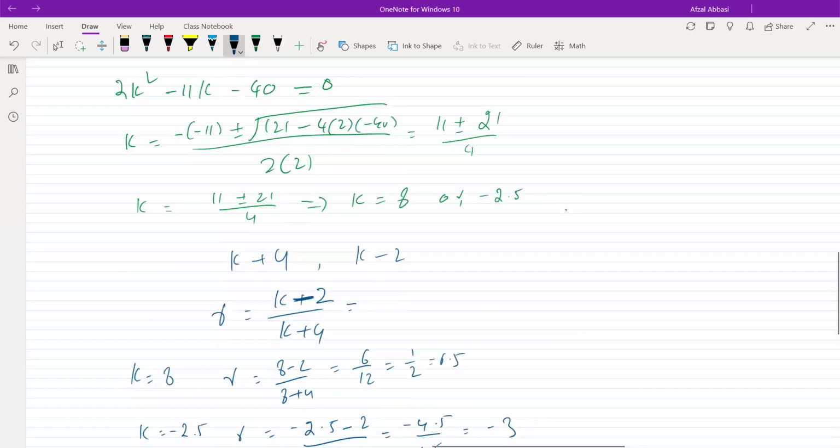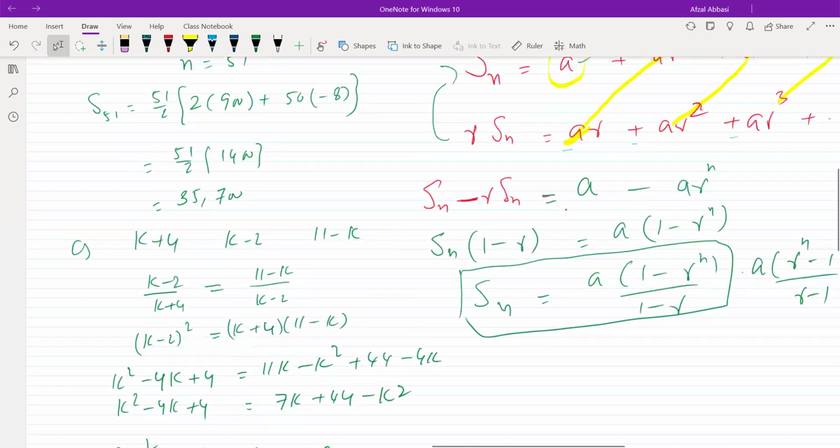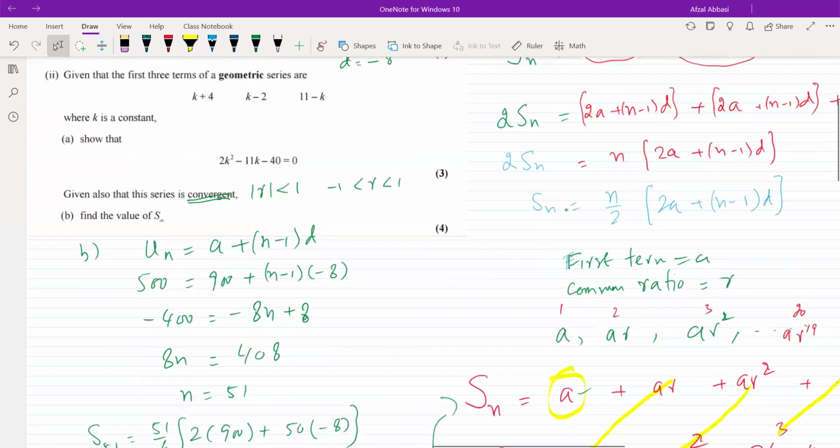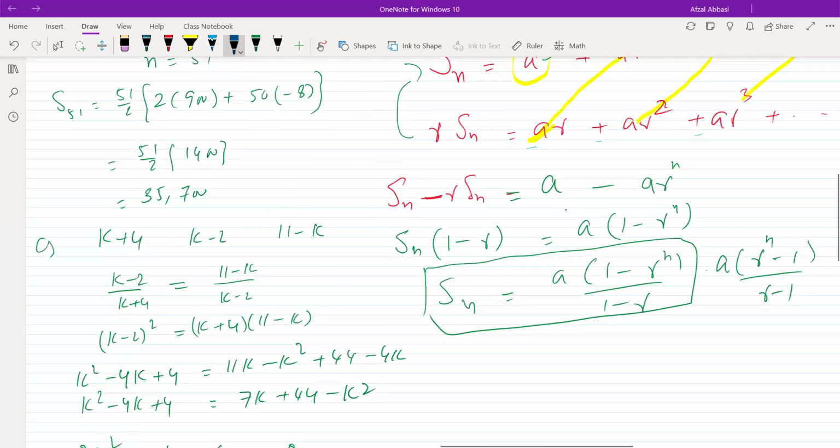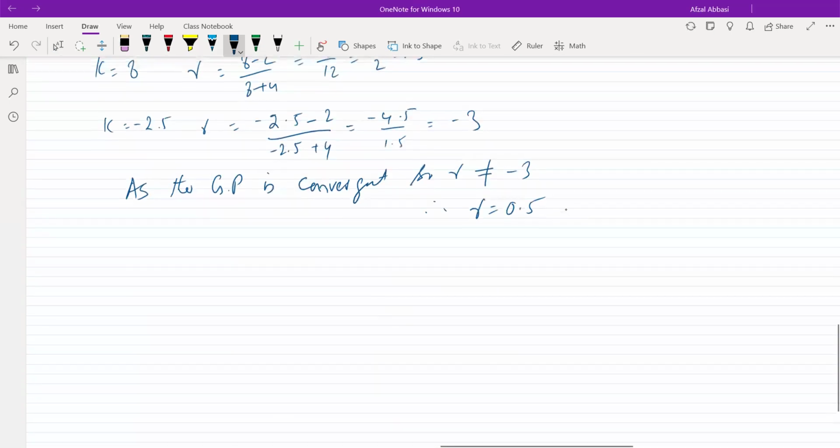As I told you in the beginning itself, if it is a convergent series, then the value of r will be between minus 1 and 1, or the absolute value, without sign, should be less than 1. Checking both answers for r, the absolute value here is 3, which is not less than 1. So it is not a convergent series if we take this value of r. However, r equals 0.5 fulfils that condition.